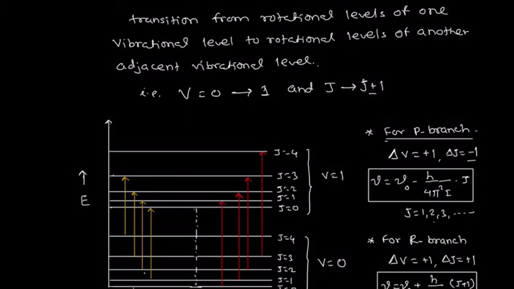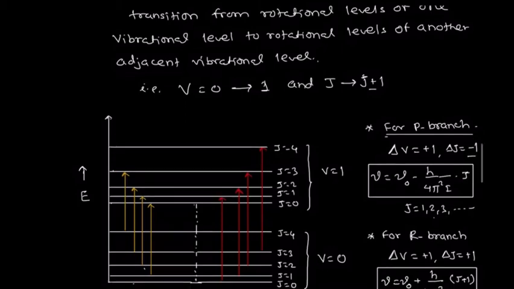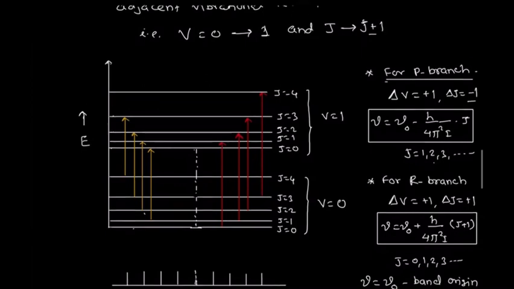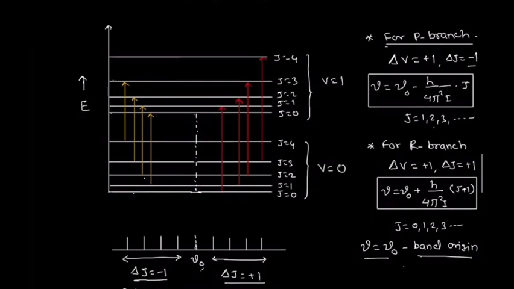In V equal to 0, there are a number of rotational levels, starting from J equal to 0, 1, 2, 3 up to 4. From one of the rotational levels, it transits to a rotational level in V equal to 1. Therefore, the resulting spectra is divided into two groups. Which are the two groups? One is on the lower frequency side and the other is on the high frequency side.